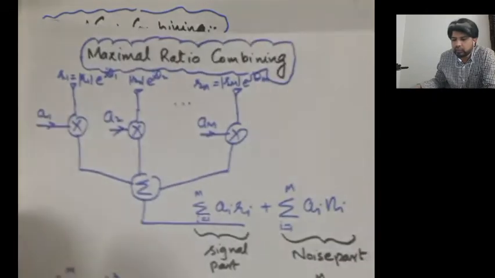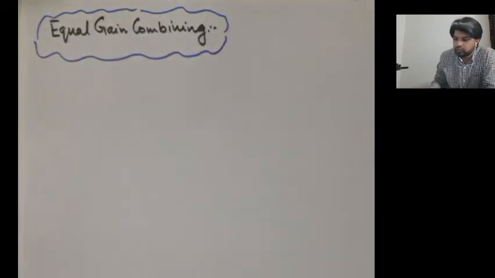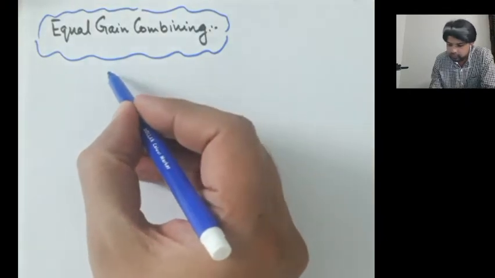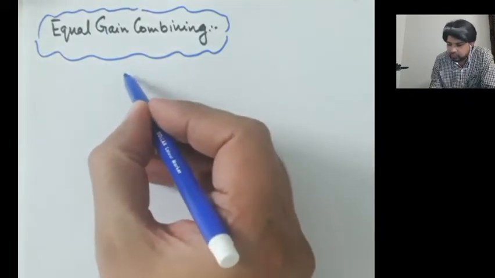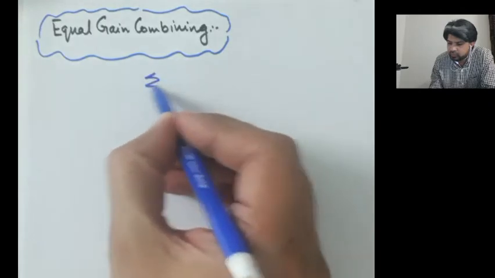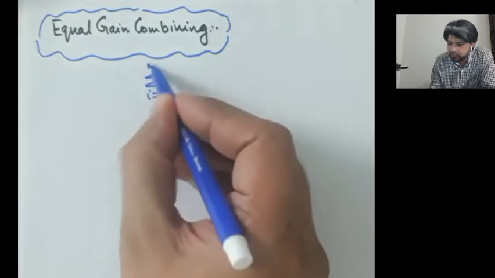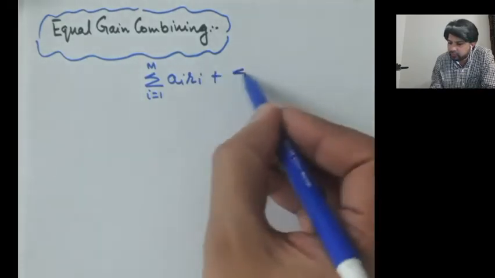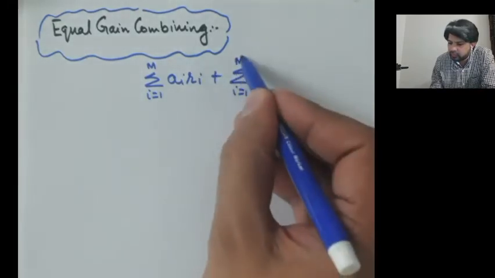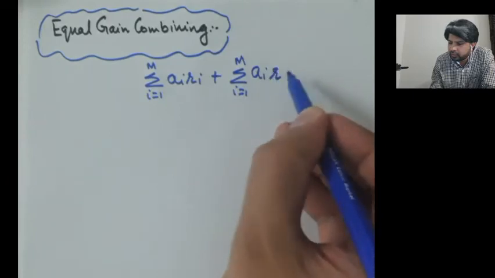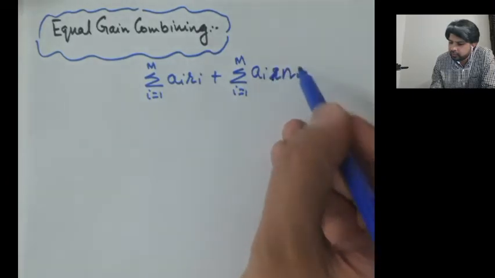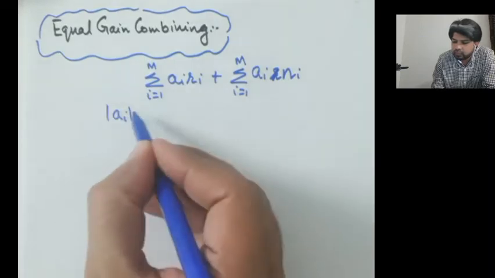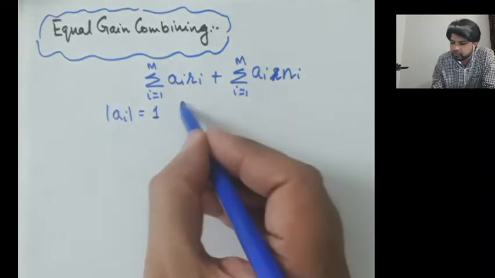So in equal gain combining, your received signal at the combiner output would be equal to summation i equals 1 to M of A_i R_i plus summation i equals 1 to capital M of A_i N_i, where now the difference is that the magnitude of A_i is equal to 1 for all branches.